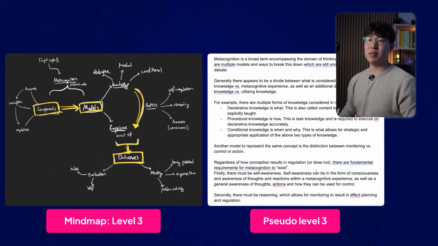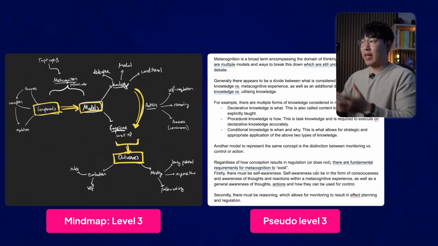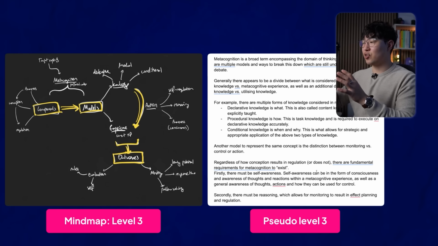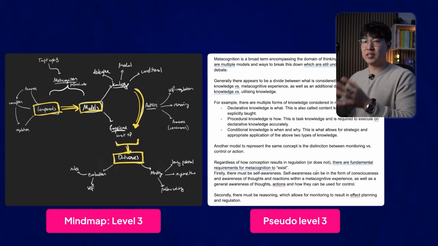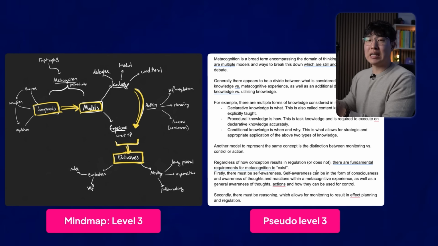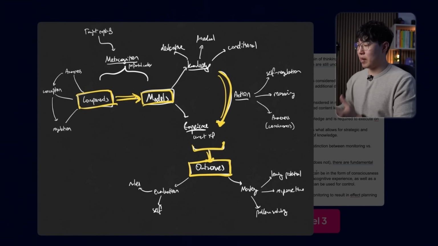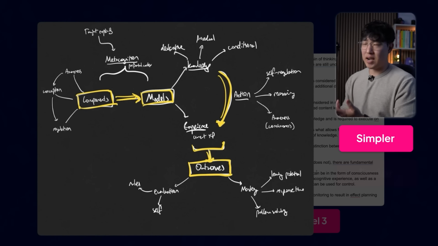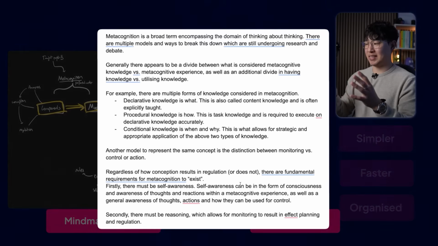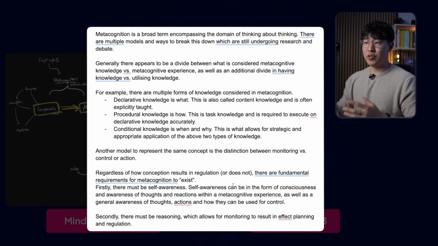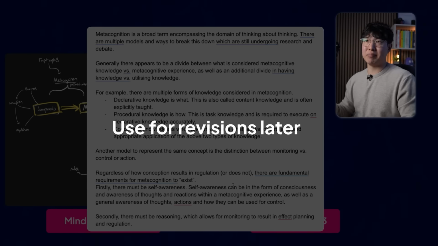And even though the mind map looks simpler, it's actually the same types of relationships and thoughts that were in the essay. The essay is not a more comprehensive set of notes at all. In fact, the essay probably doesn't even cover all of the relationships that I'd be able to express in the mind map. The level 3 mind map is incomparably simpler, faster, and more organized. This synthesized essay writing thing that I just did, you can use that as a revision technique later instead.